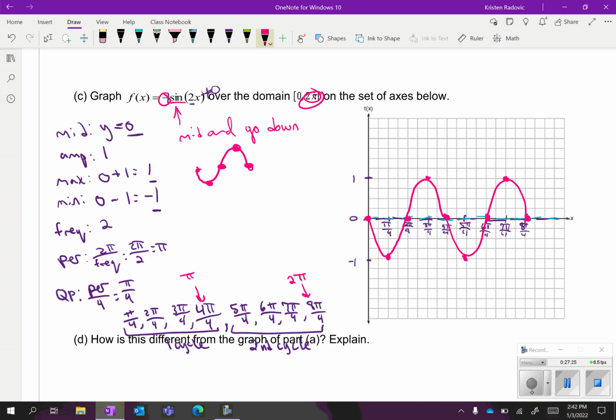And you're just going to connect it better than I did. But that would be your graph from 0 to 2 pi, which happens to be 2 cycles. Here is your first cycle. And there's your second cycle.